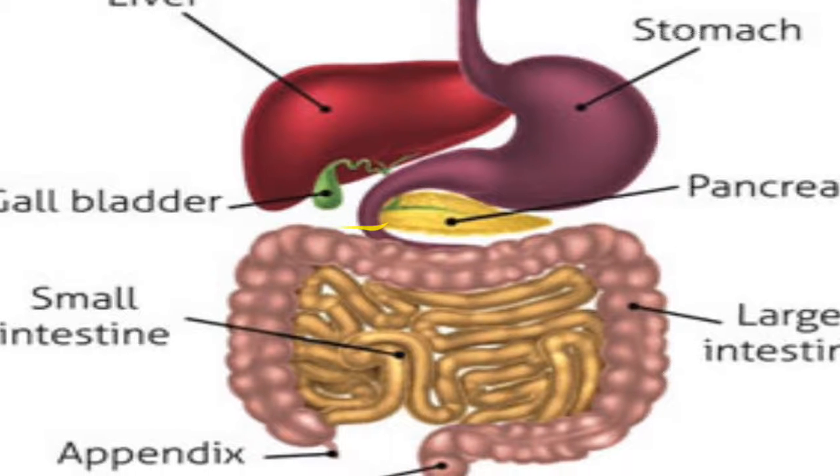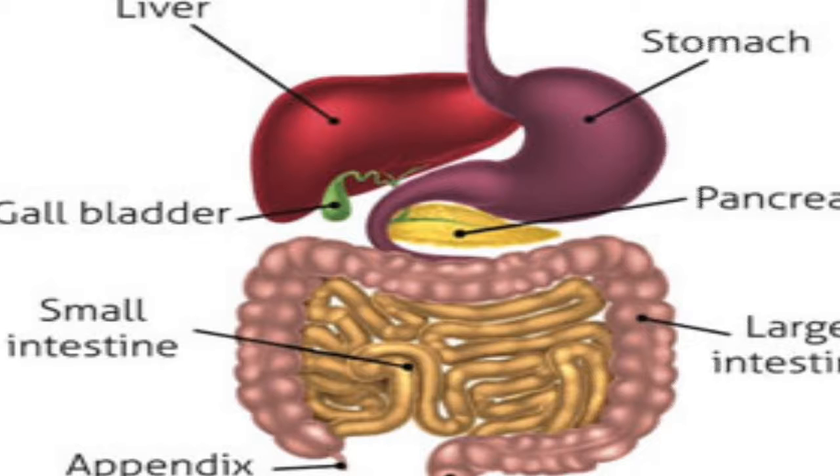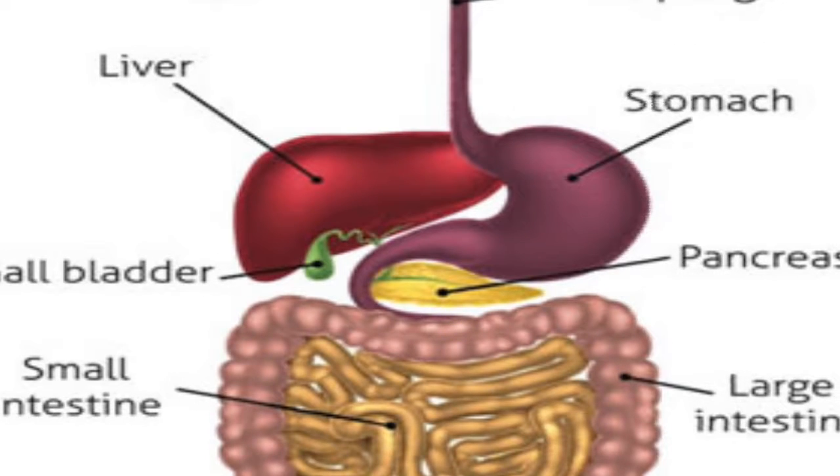Now when the chyme reaches here, the gallbladder secretes bile. Actually bile is produced in the liver and stored in the gallbladder, and there is also secretion of pancreatic juice from the pancreas. Now you see what the function of bile is. As the food chyme is acidic, bile neutralizes it, because bile is alkaline in nature.